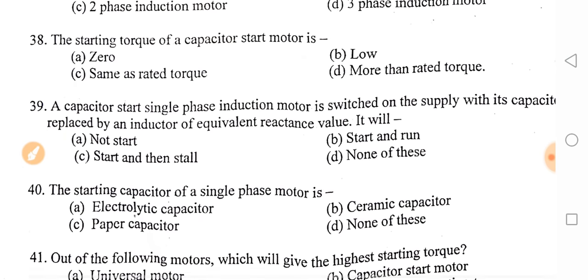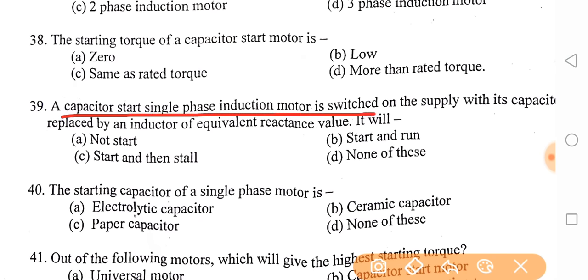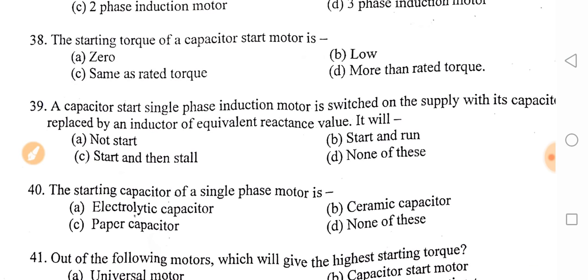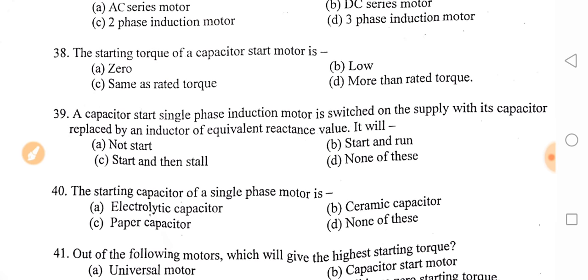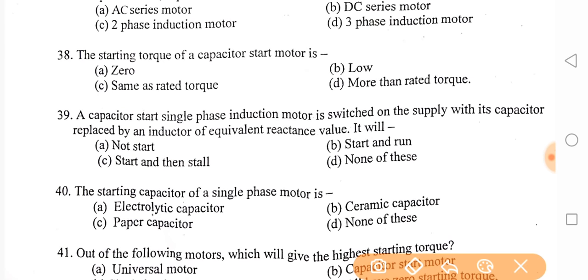Next question: a capacitor start single phase induction motor is switched on to the supply with its capacitor replaced by an inductor of the equivalent reactance value. Reactance value means X value, XC or XL.